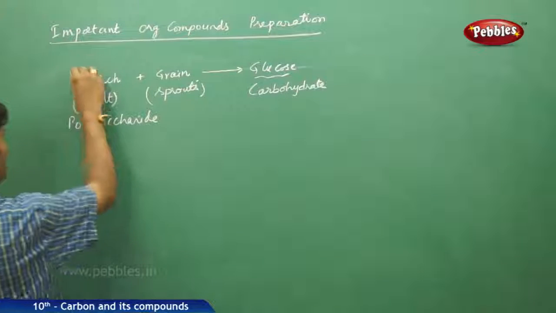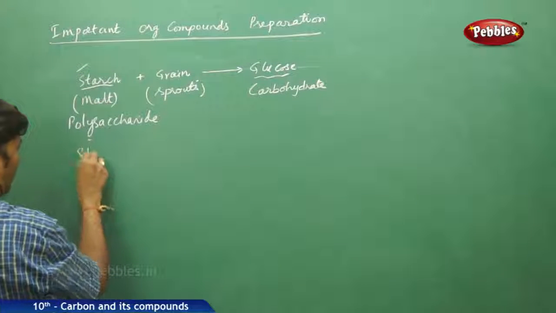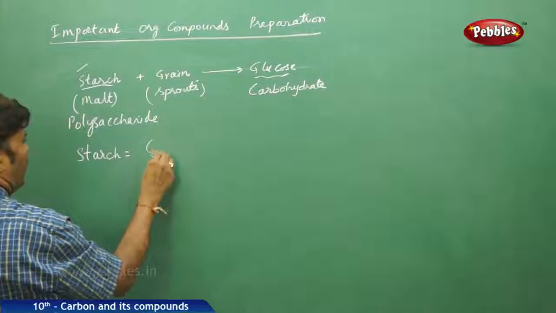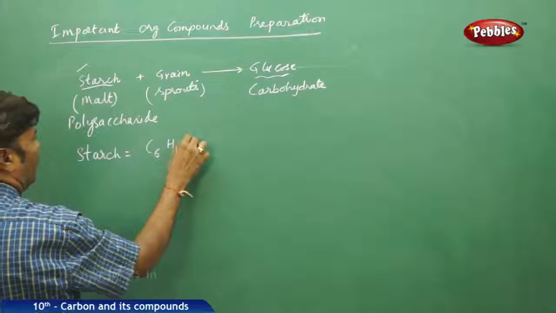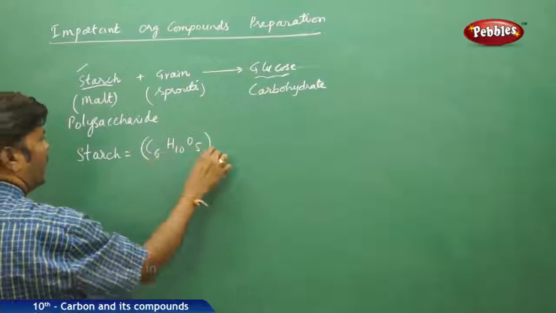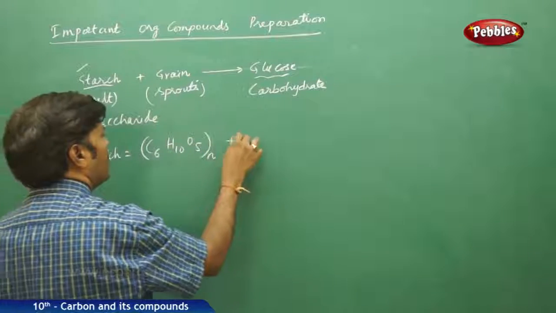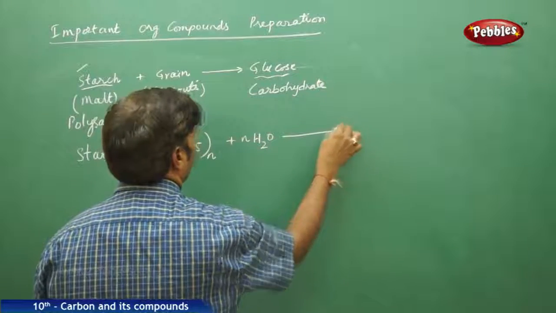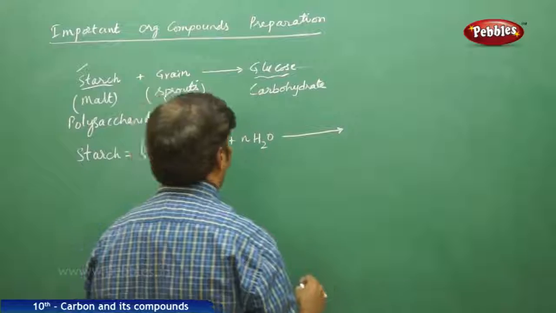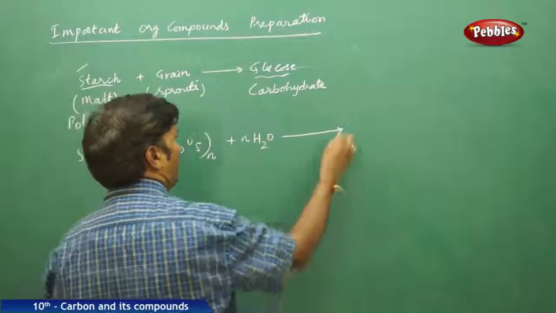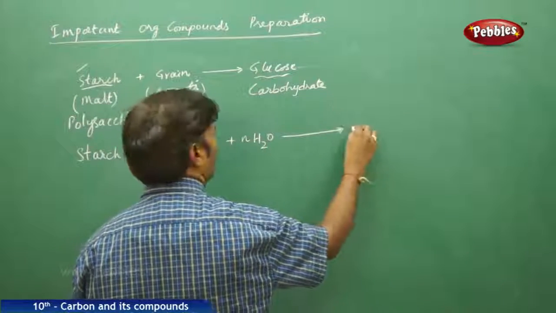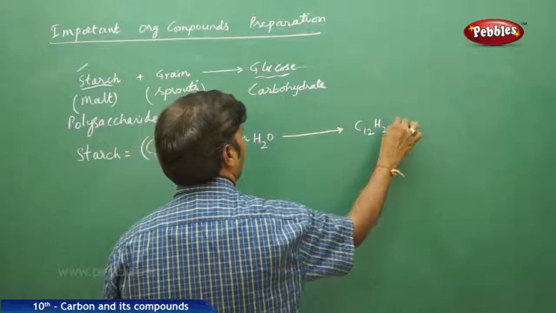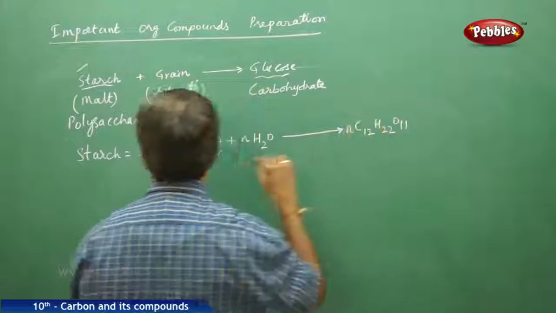If you take the molecular formula of starch, (C6H10O5)n, upon hydrolysis it gives sucrose, C12H22O11, with n number of glucose molecules.